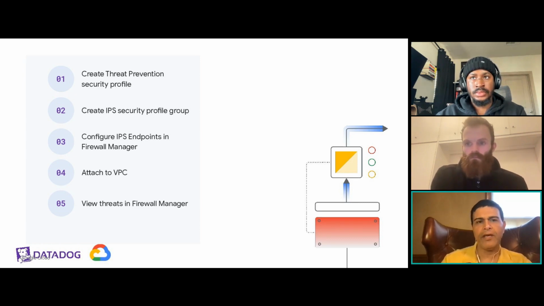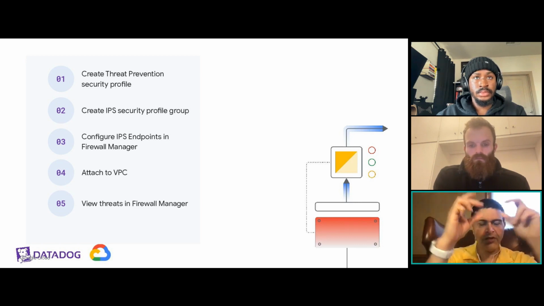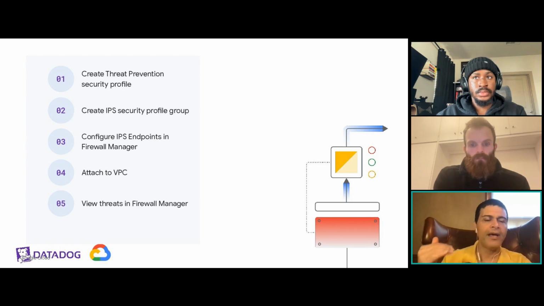Now, let's see how we can do this. All you have to do is these steps. You create a threat prevention security profile. Basically, you specify what you want to do with the traffic. You create a security firewall group, which is basically just a container of the security profiles. And you can add and delete those. So just think of them as a container for your security profiles.